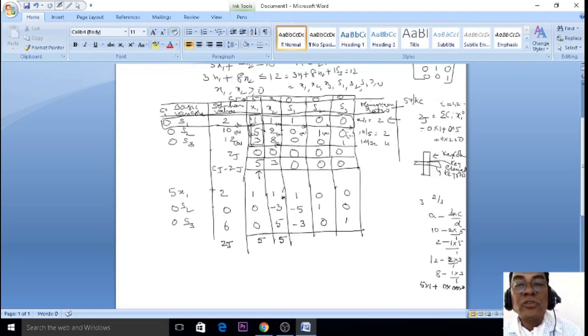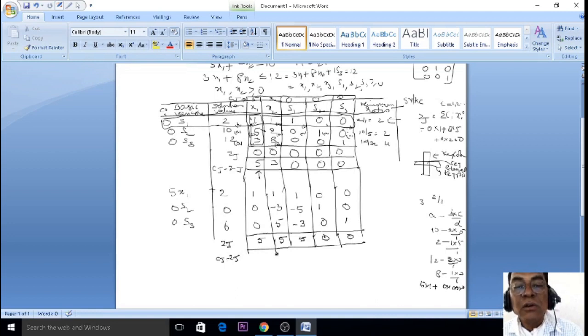Go to this. 5 into 1 plus 0, 5. Same. 5 into 0 plus 0 into 1 plus 0 into 0. So that is equal to 0, 0. Same thing. Now, after that, please draw the row. Next, go to same step. Cj minus Zj.